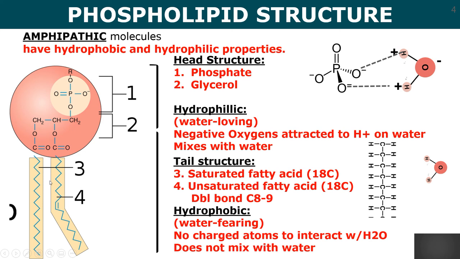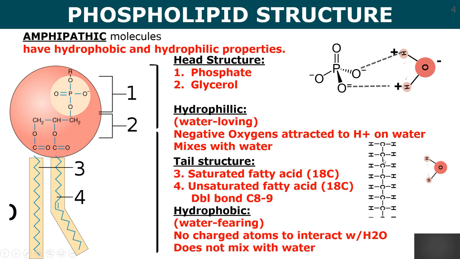Now, in contrast, the tails have not one but two fatty acids. One of them is saturated, and the other is unsaturated, which means it has a double bond, and they each contain about 18 carbons. In contrast to the phosphate head, these tails are water-fearing.